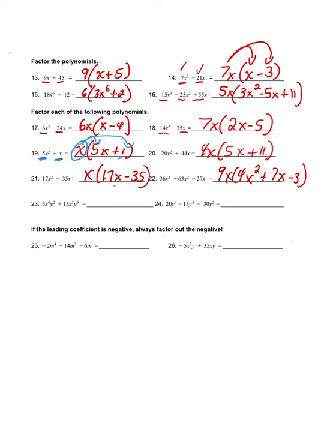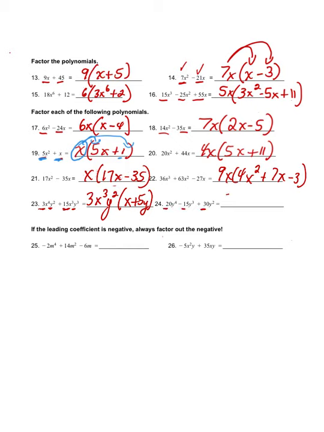23, the greatest common factor for the coefficients is 3. The largest x value, or the largest degree of x found in both, is x to the third. The largest degree of y is y to the second. And inside we'll have x plus 5y. For 24, again, you consider the coefficients.